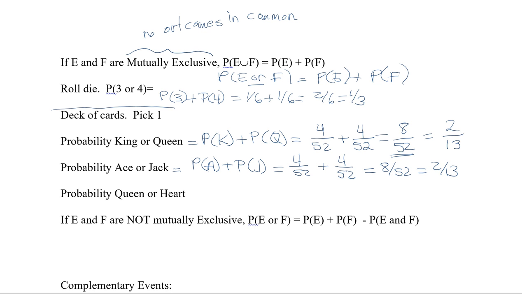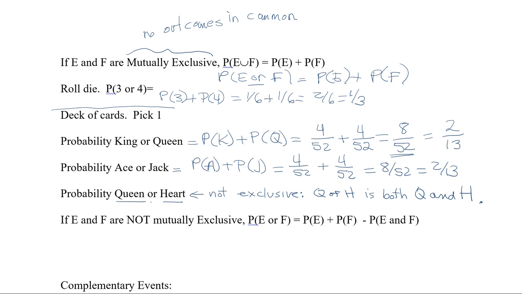Now this next one, if I want the probability of getting a queen or a heart, well, these are not exclusive. If I look at the queen of hearts, it's both a queen and a heart.